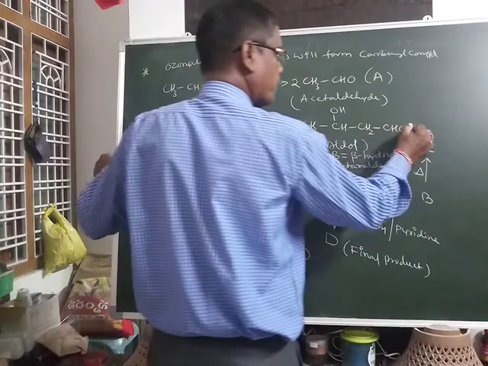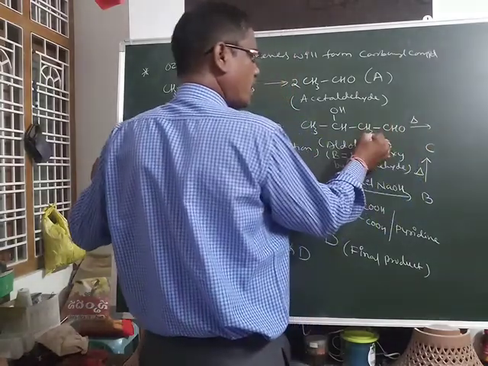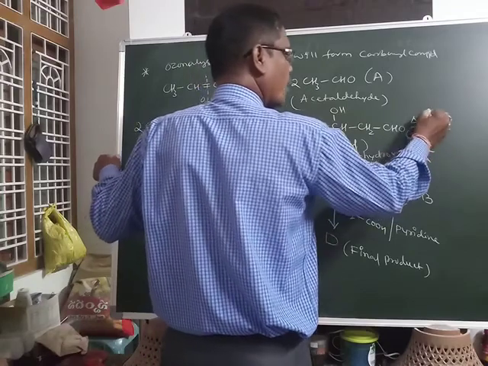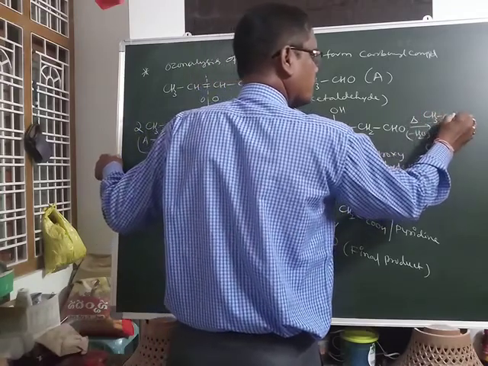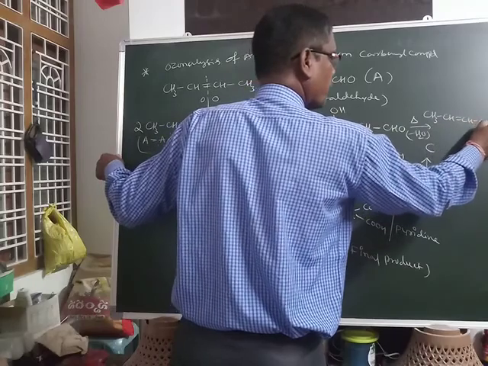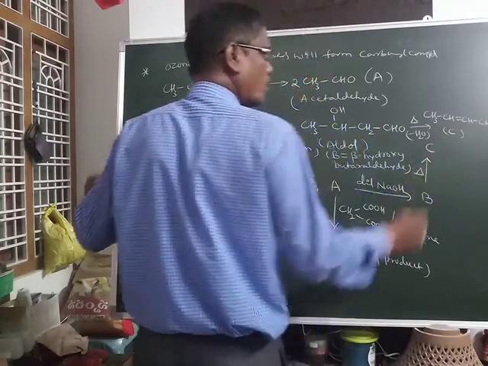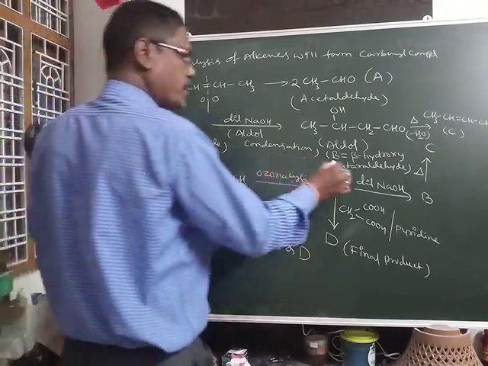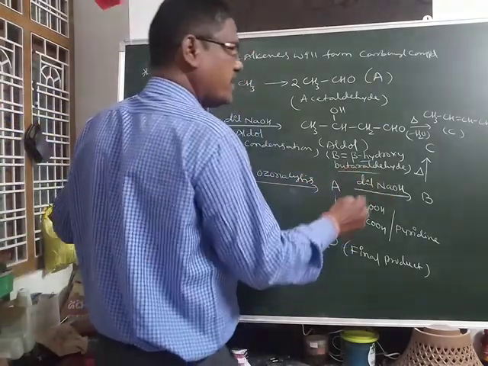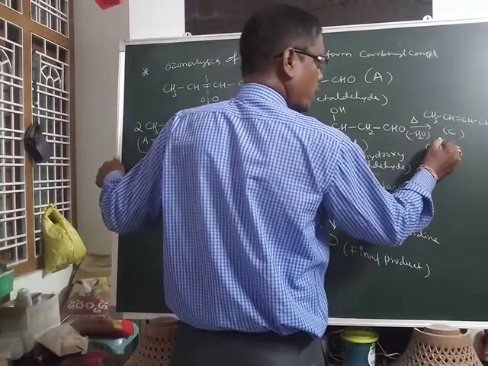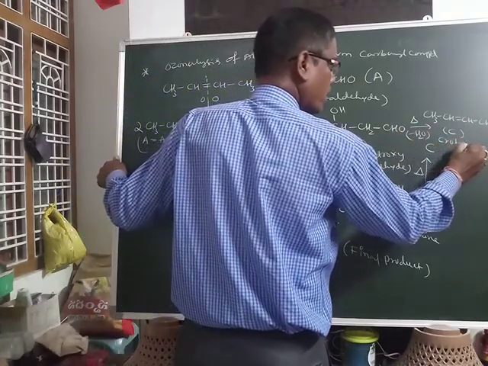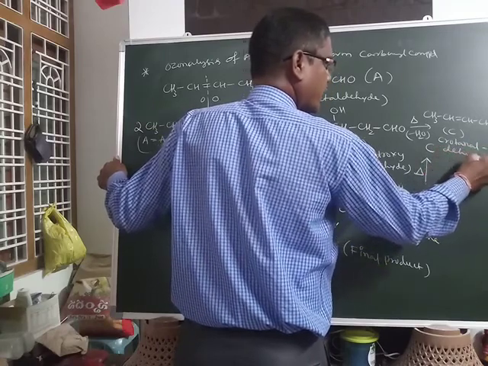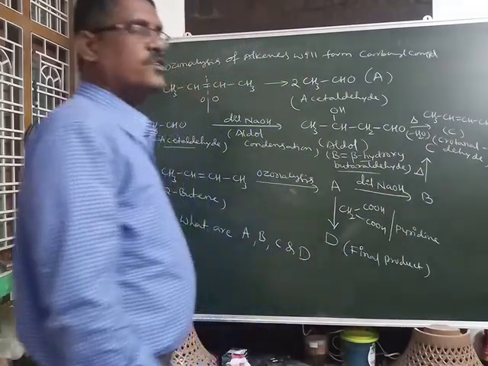On heating, one hydrogen and one OH are eliminated as a water molecule. Then we obtain CH3CH=CHCHO, crotonaldehyde. So A is acetaldehyde, B is beta hydroxybutyraldehyde, C is crotonaldehyde.